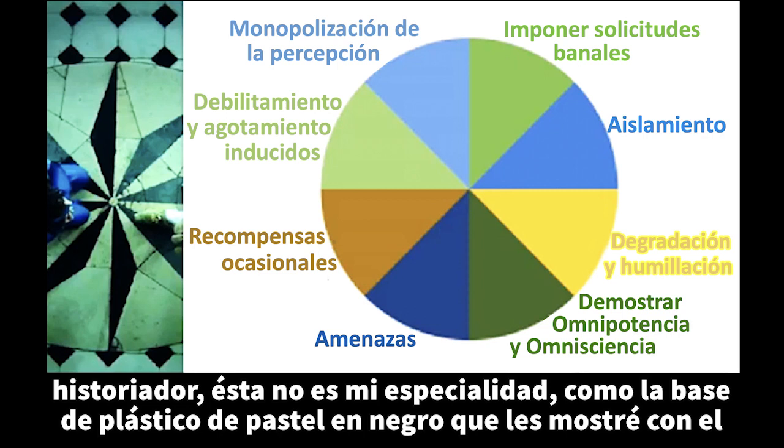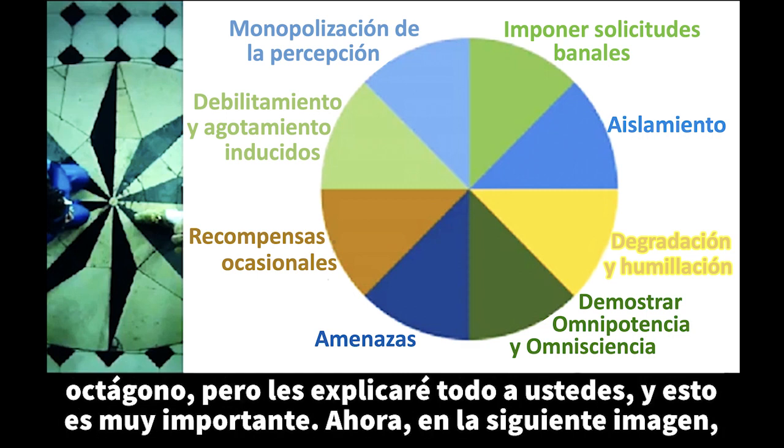This is not my piece of cake, you know, here's the cake. This is not my piece of cake. And like the plastic cake thing in black that I've shown you, with an octagon in it. But I'm going to explain it all to you.